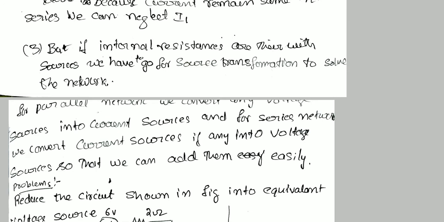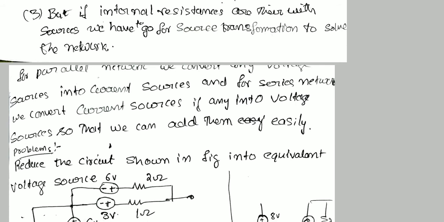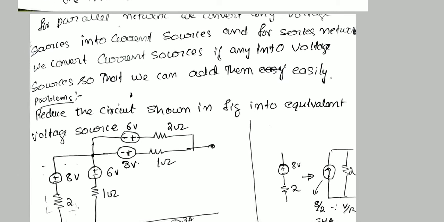In simple words, if the elements are connected in series, it is better to convert a current source to a voltage source, because voltage sources in series can be added. If the network is in parallel and any voltage source is there, we have to convert it into a current source so that current sources in parallel can be added.